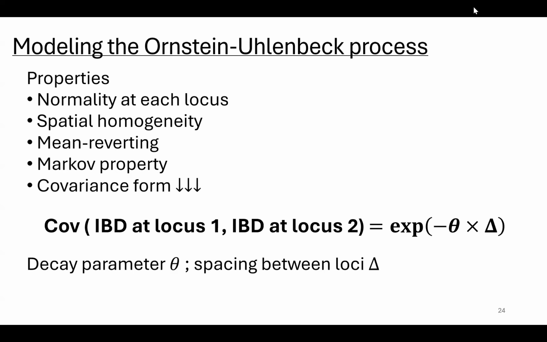Theta is a decay parameter that's controlling the covariance of the different IBD rates across the genome. One can understand this as you have these IBD segments that are overlapping some loci, but eventually as you move along the genome, they have been cut and they're not appearing in the next observations.